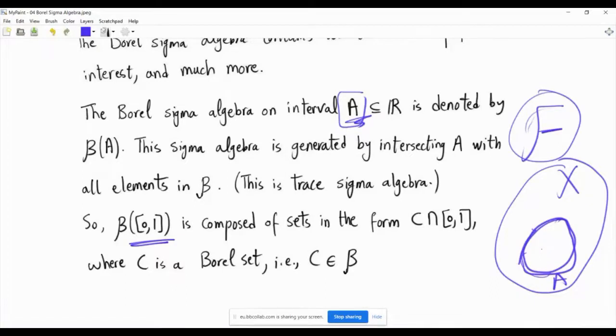In fact, it is actually very difficult to give an example of a subset of the set of real numbers that is not a Borel set. Non-Borel sets are very difficult to find. Anything that comes to you is, with probability like 0.99999, a Borel set.